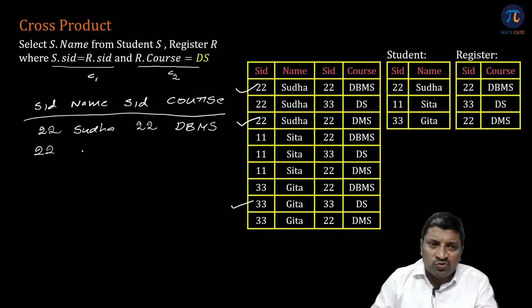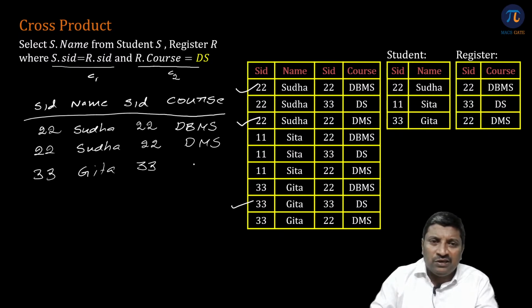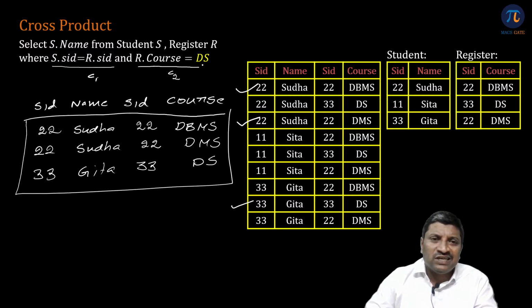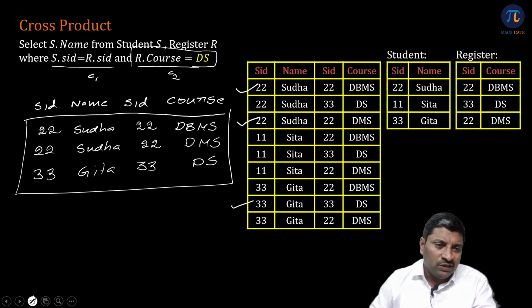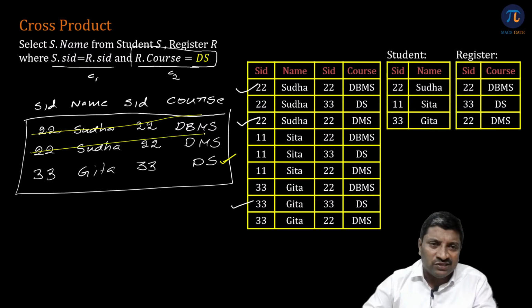Then the next one is 22 Sudha, 22 DMS. Then the next one is 33 Geeta, 33 DS. Now what is the second condition, sir? The second condition is course equal to DS, that is data structures. How many records are you having? You are having only one DS. So the first will be discarded, the second will be discarded, only this one remains.